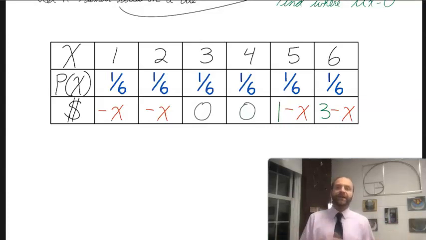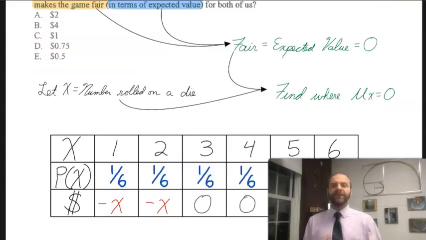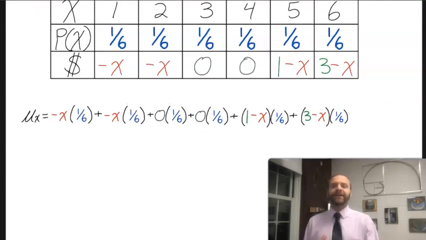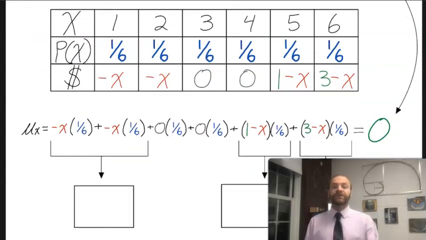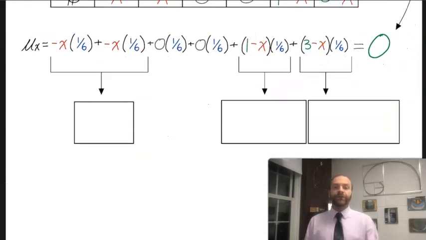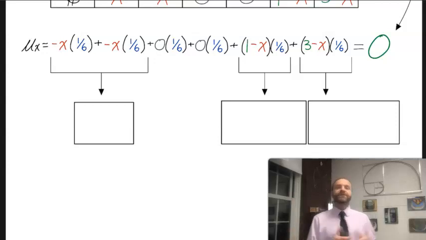So I have this right here, and now I'm going to calculate the expected value. I'm going to take each money amount, negative X, times its associated probability, and so on, all the way down through the table. Remember, we learned that it has to be equal to 0. Our expected value has to be equal to 0 if it's going to be fair.